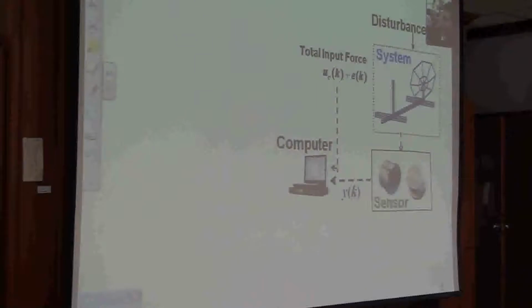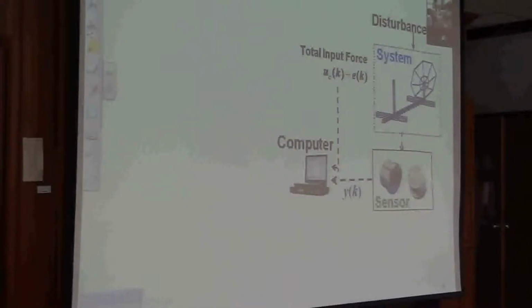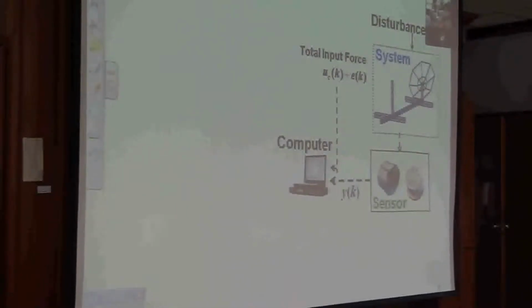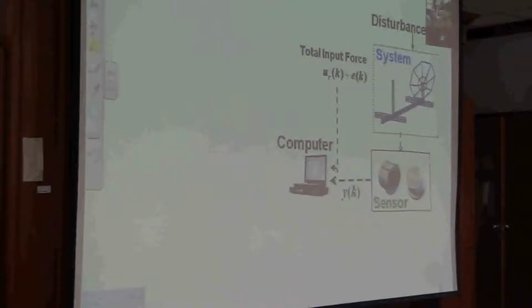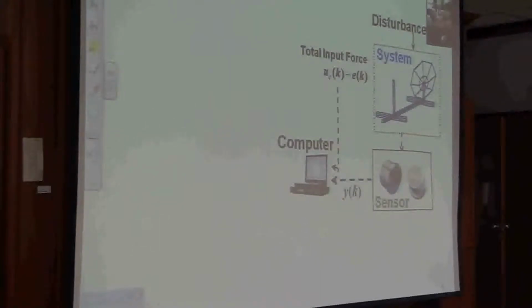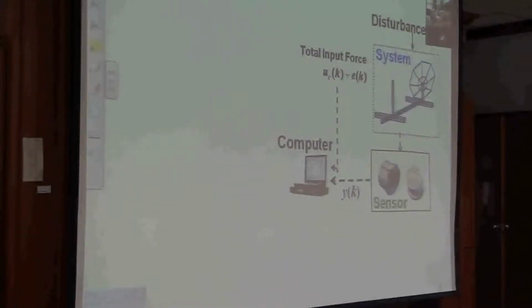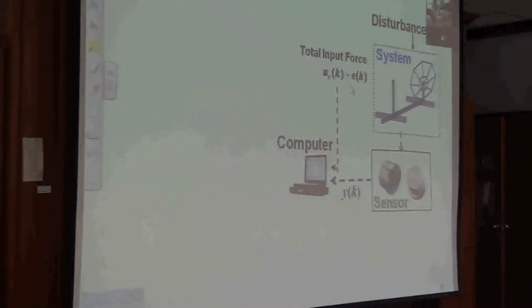The input is given by some sort of input source, actuator, but things are not always as good as we expect them to be. So there may be an error that goes into the system which we do not know.